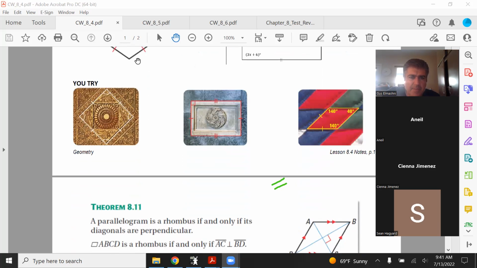So here you got this interesting design here. So you have that. Here you got two pairs of sides that are congruent, but right angles.